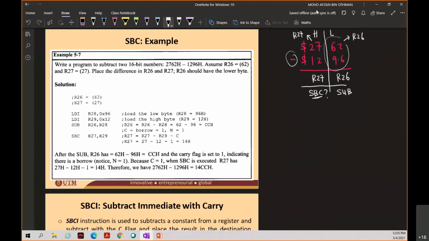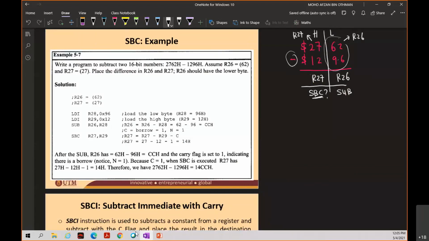That's why we need to use the SBC, so we involve the carry flag for the higher byte.